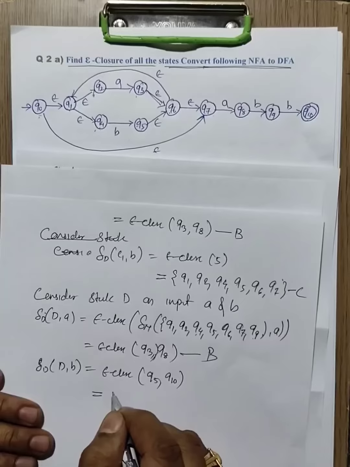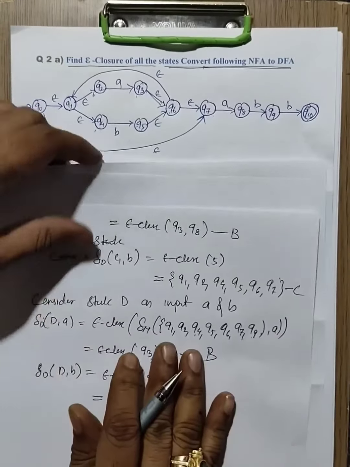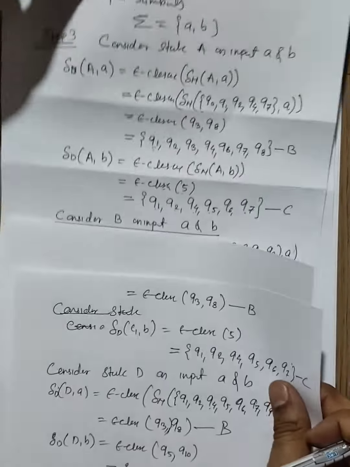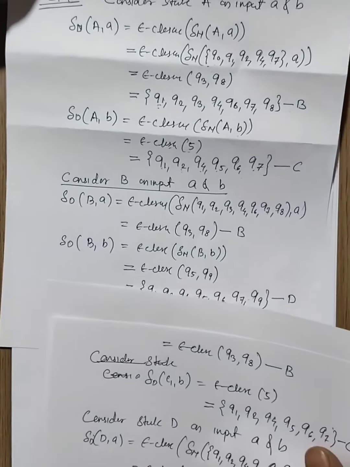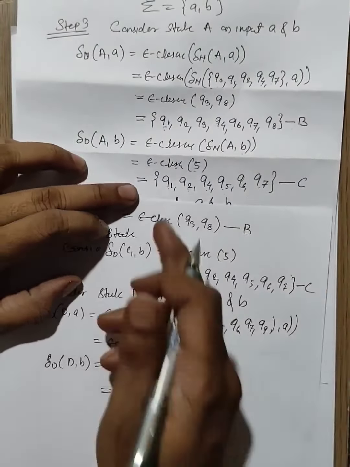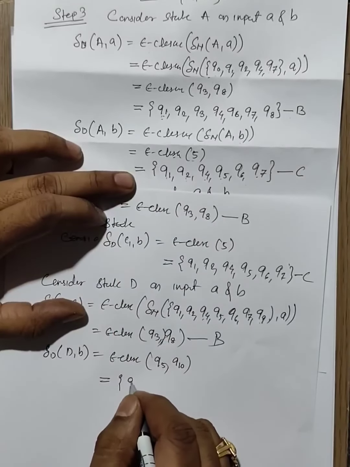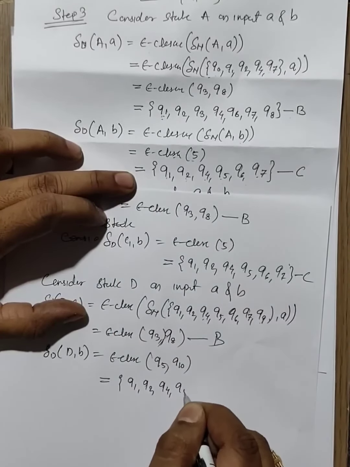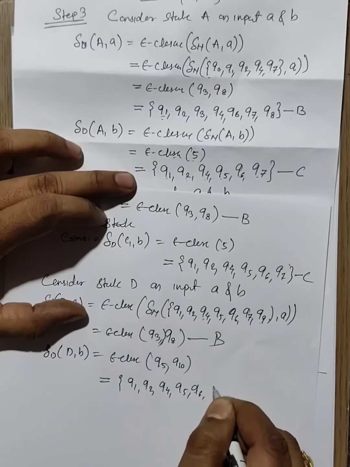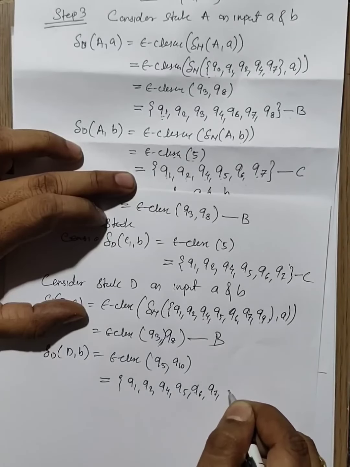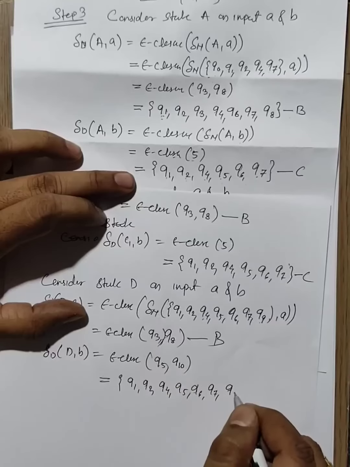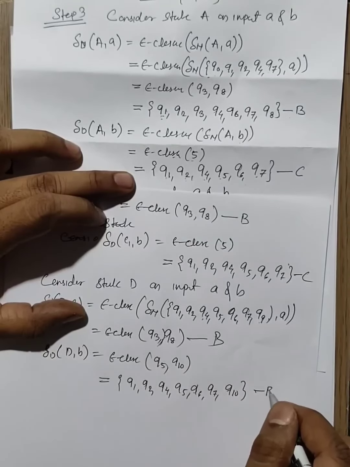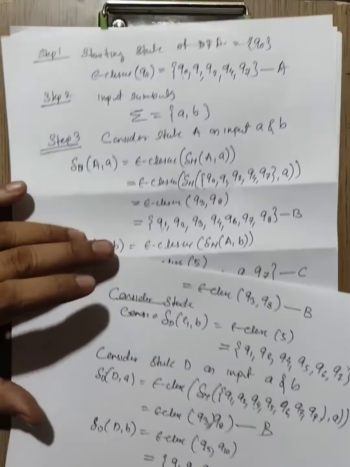Epsilon closure of 5 we have already seen: Q1, Q2, Q4, Q5, Q6, Q7, and epsilon closure of 10 is 10. This is a new state. Assign this E.